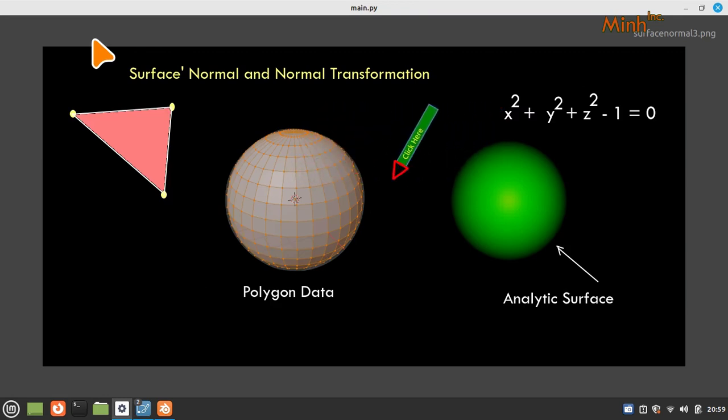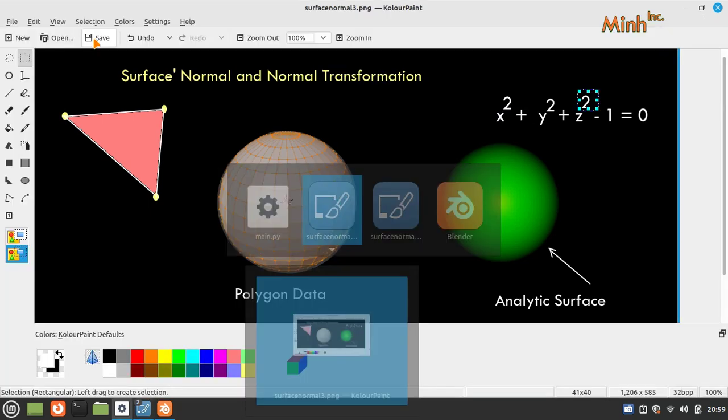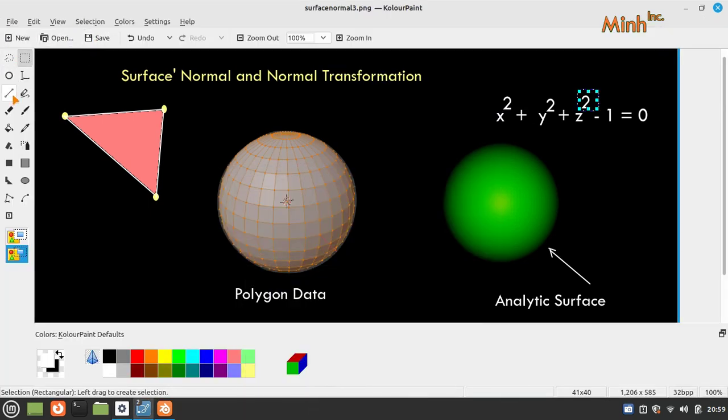What are we planning to do now? If I have these two kinds of surfaces, what we want is to calculate the normal. That is the idea. At any point, what would be the direction of the normal? Here, at all points, the direction of the normal is the same. This is what we want to calculate.